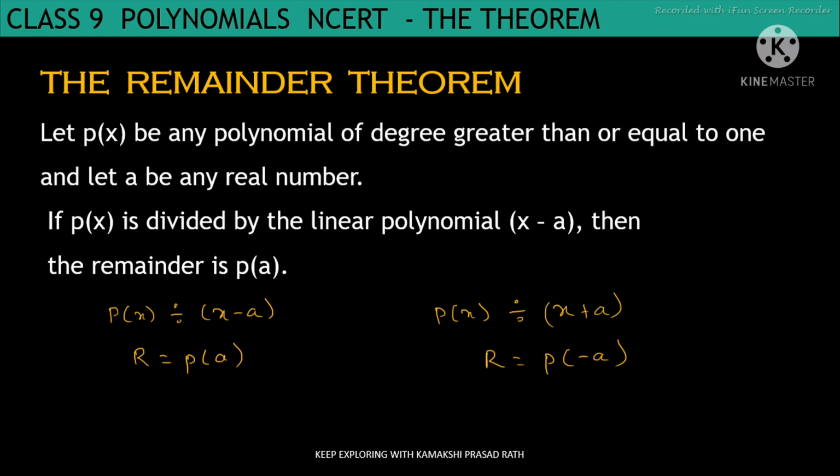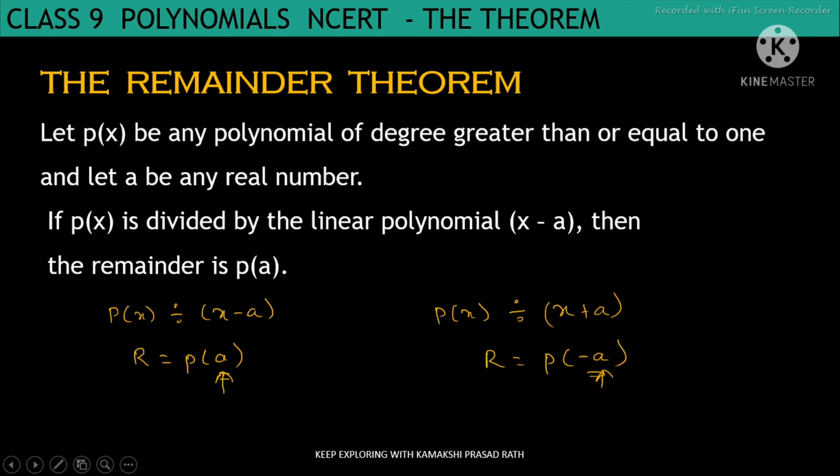Here we use the opposite sign. If x minus a is there, we use p of a. If x plus a is there, you use p of minus a. And what this p of a and p of minus a mean is that in place of the variable we put this value. We just put the value of a in place of the variable x.